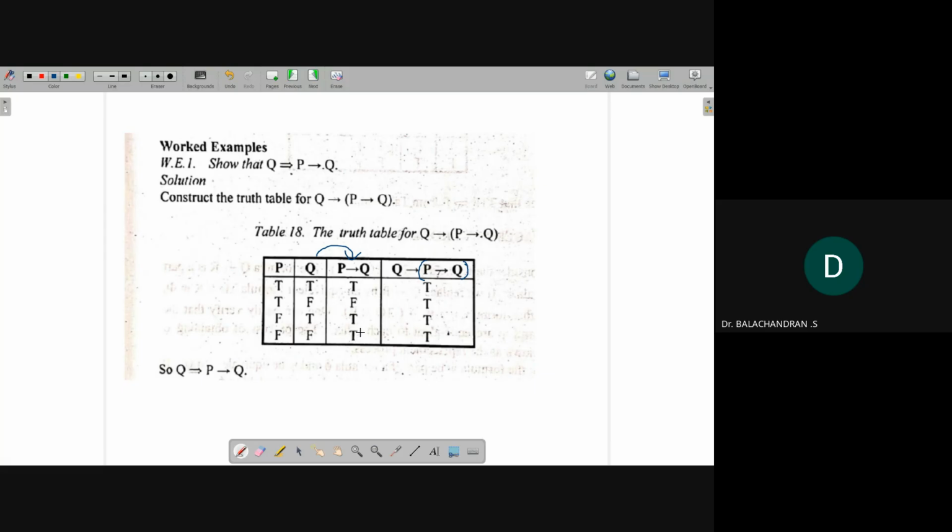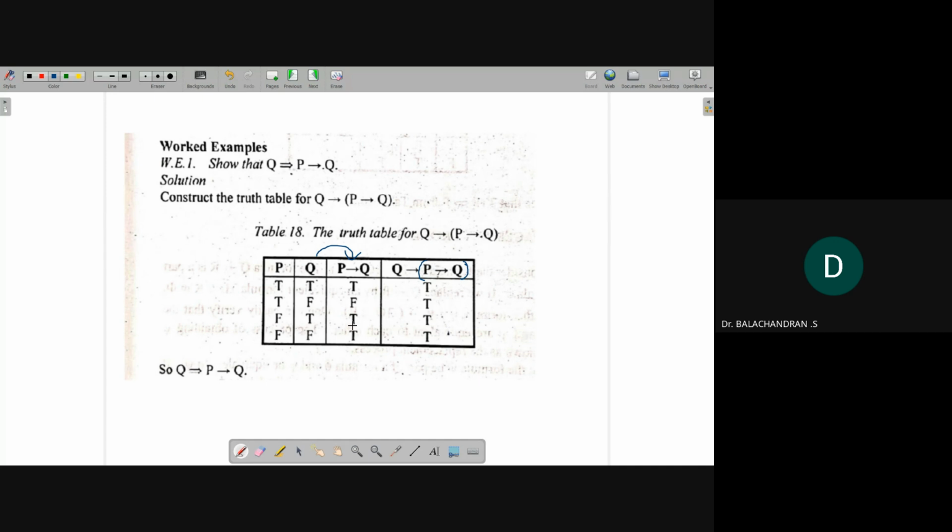There is no T and F here, but FT is here, but it will not affect the truth value. So everything is T. But both of them have different truth values, because here TT, FF, TT, but here FT.